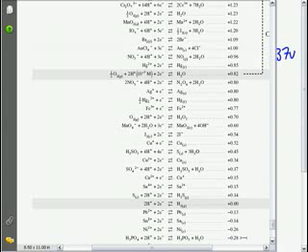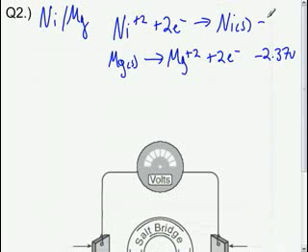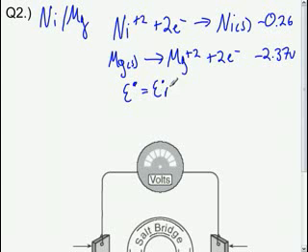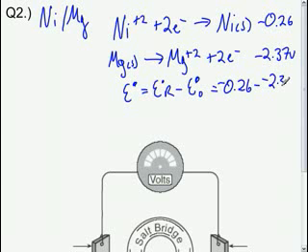It is minus 0.26. So the E0 of the overall cell is the E0 of the reduction minus the E0 of the oxidation, which is equal to minus 0.26 minus negative 2.37, which is equal to 2.11 volts.